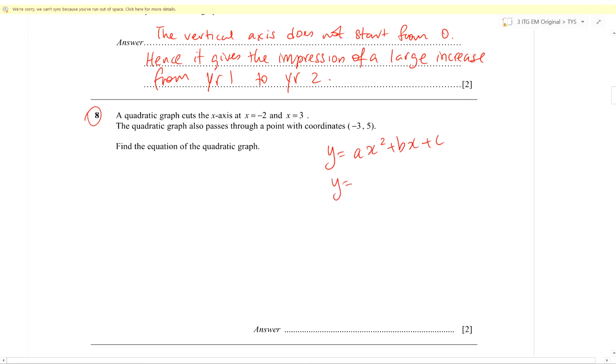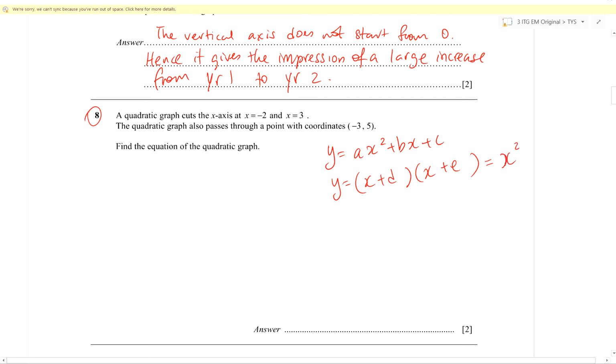Many of you think that a quadratic graph can also be written like this: (x plus d)(x plus e). Many of you think that it can be written like this. You are partially correct. Why? If you were to expand this, what is your coefficient of your x squared?